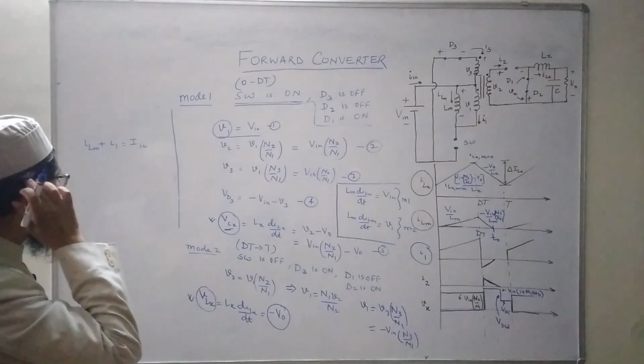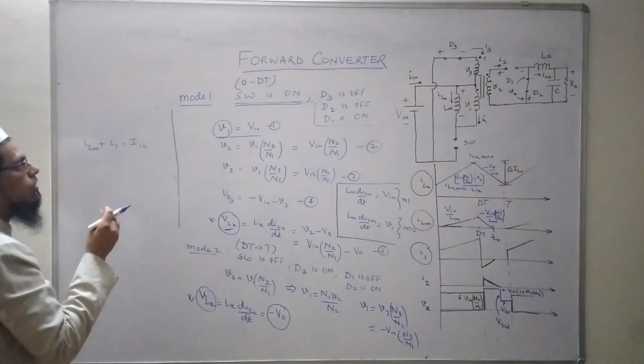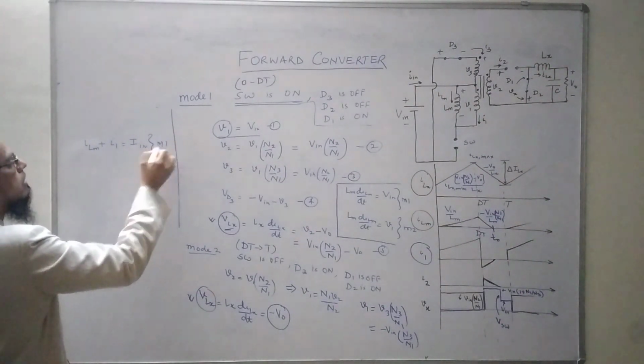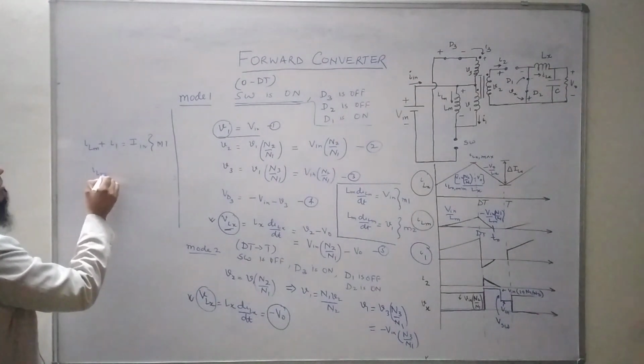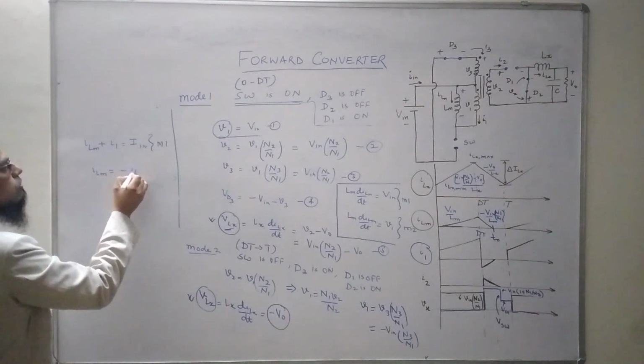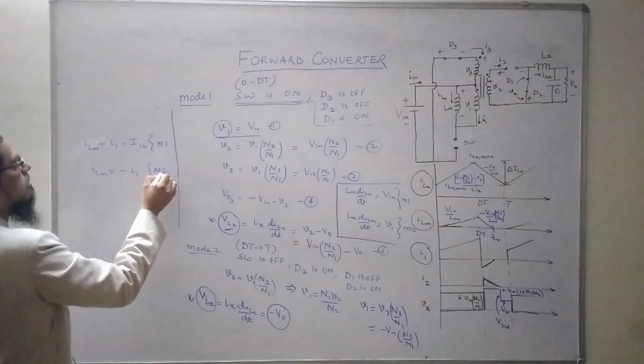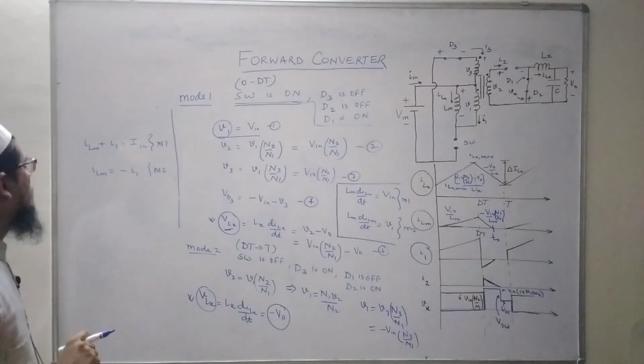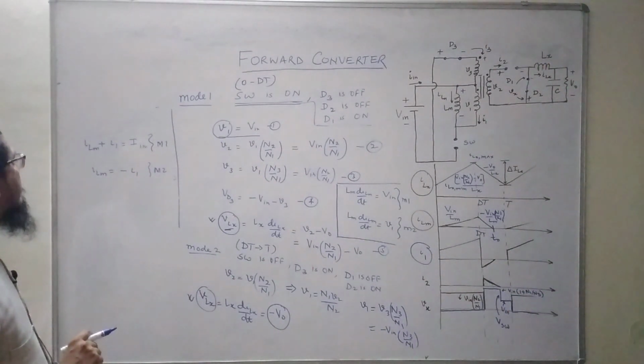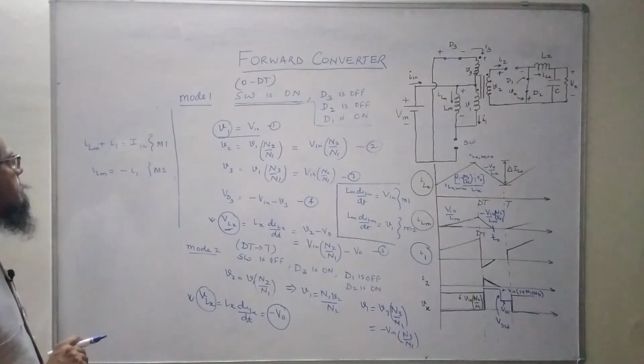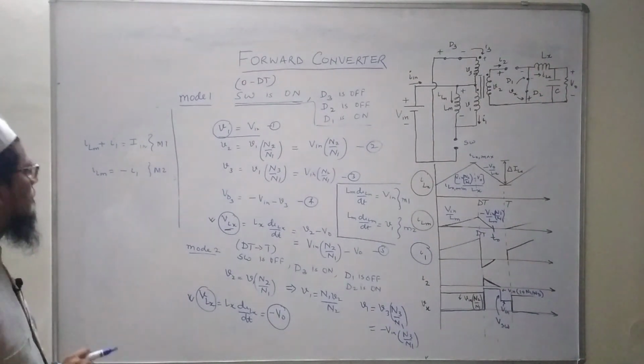While when the switch is off, in mode 2, ILM is equal to minus of I1.